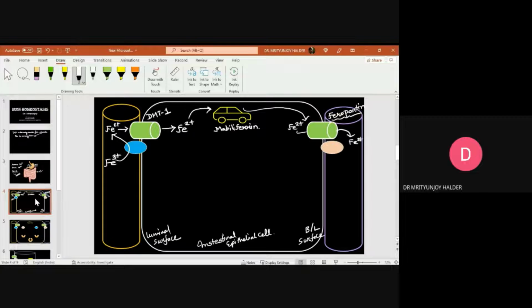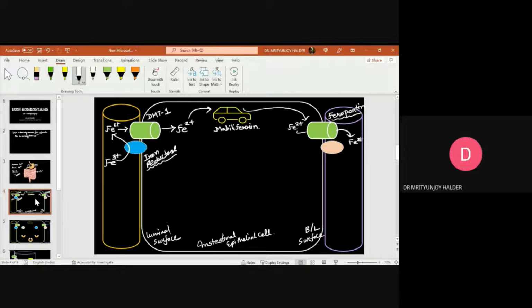Now, what should be the name of the enzyme? The name of the enzyme here is iron reductase. Iron reductase. Actually, it's a kind of duodenal cytochrome B, within which this iron reductase catalytic activity is present.